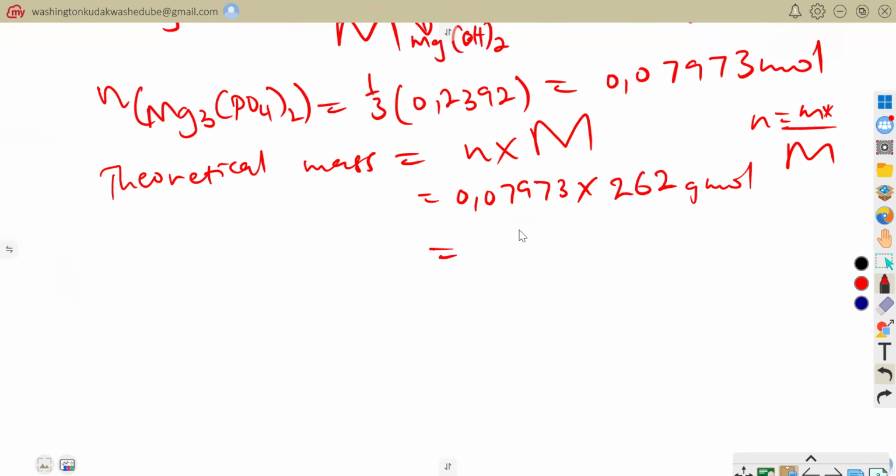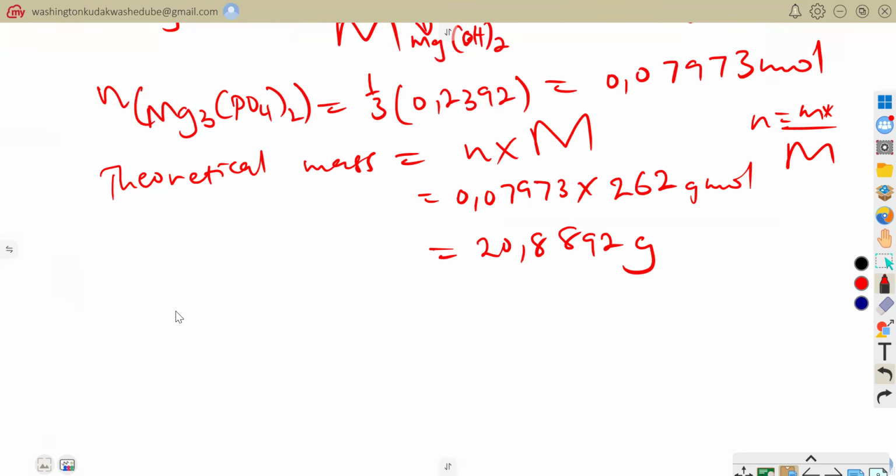Now, if I multiply that, I should actually be able to find 20.8892 grams. So this is my theoretical mass of magnesium phosphate.